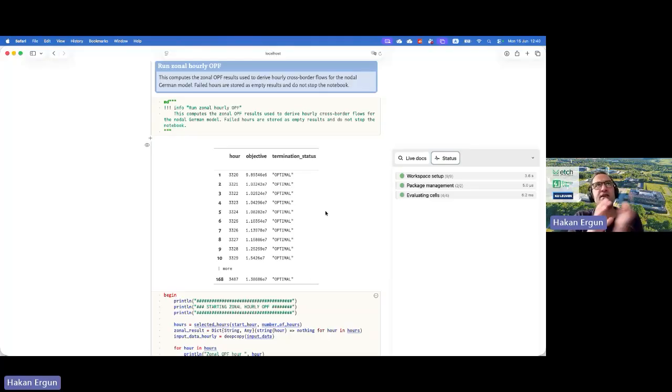So how many megawatts of renewables are being dispatched, onshore wind, offshore wind, solar PV, how many megawatts of gas is dispatched, how many megawatts of coal is dispatched, nuclear is dispatched, and so on. And it also gives us the power exchange between the different market zones, for instance, between Belgium and Germany at that given hour.